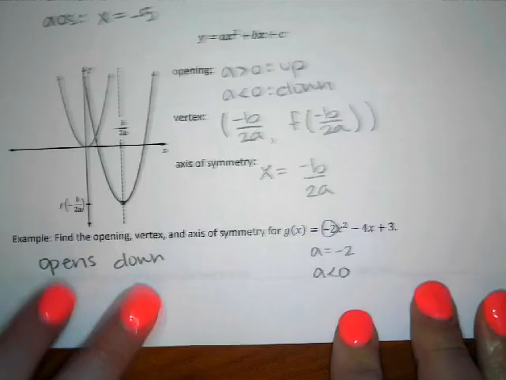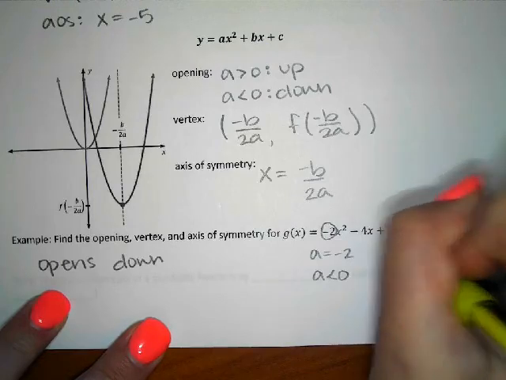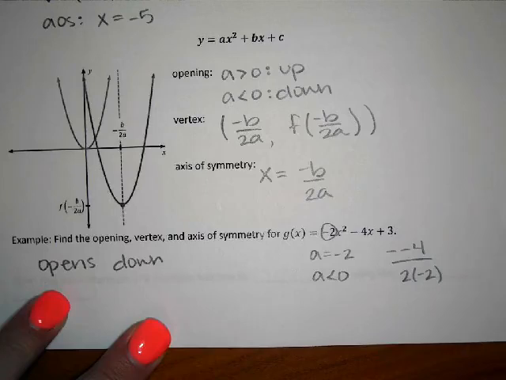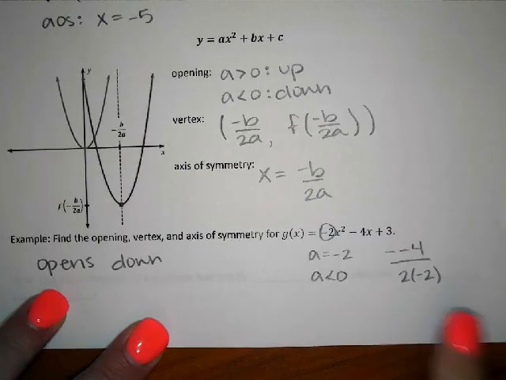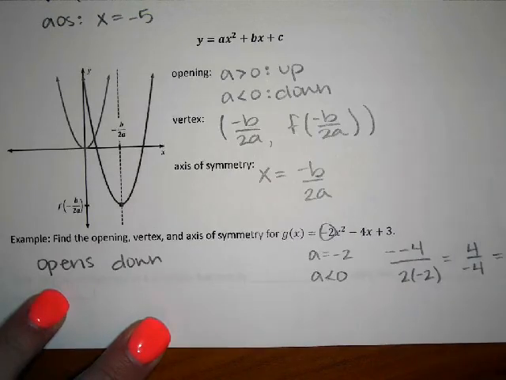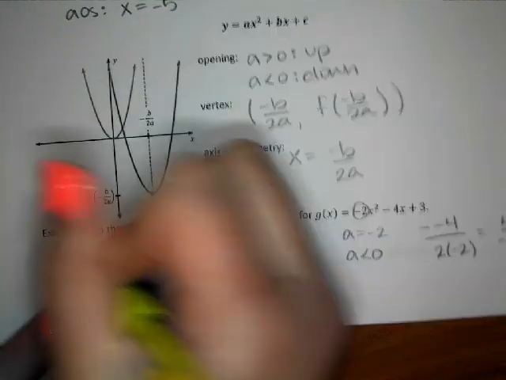So if we do negative b over 2 times a, that would be the negative version of negative 4, which is just 4. 2a would be negative 4. And so the x-coordinate of the vertex is going to be negative 1.